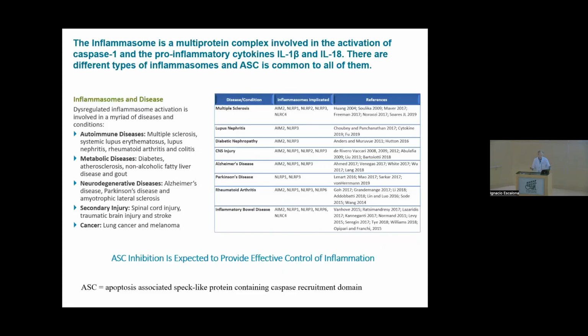And now, moving forward to today, the inflammasome is involved in many types of inflammatory disease, autoimmune, metabolic diseases, neurodegenerative diseases, secondary injury after spinal cord injury, traumatic brain injury, strokes, and cancer. And we just did a study with the group in Sylvester on breast cancer, and there seems to be a lot of inflammatory signaling in that. So we're just kind of moving forward.